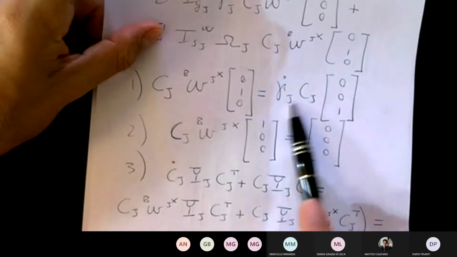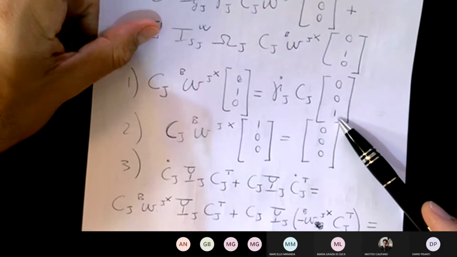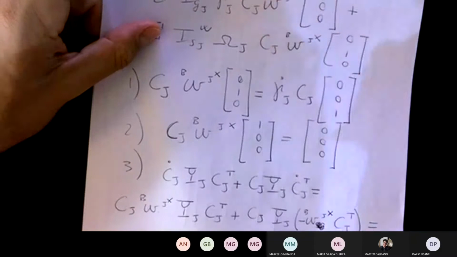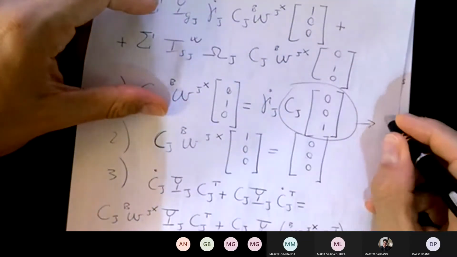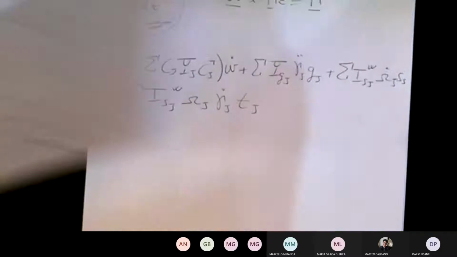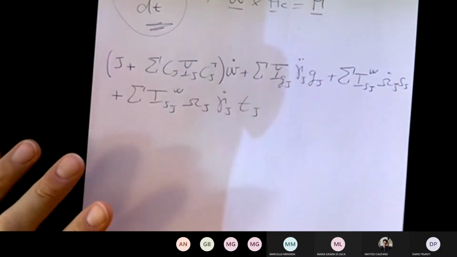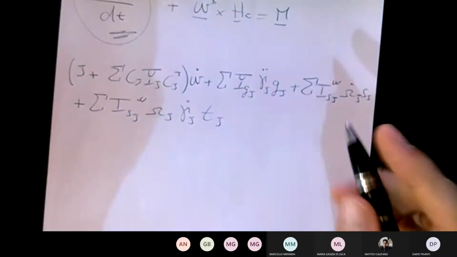If you take Cj and you multiply it times the vector like this, you only conserve the last column, which is Tj. So this is basically the vector Tj. That's what this is coming from. So at least I'm using what I've derived, right?